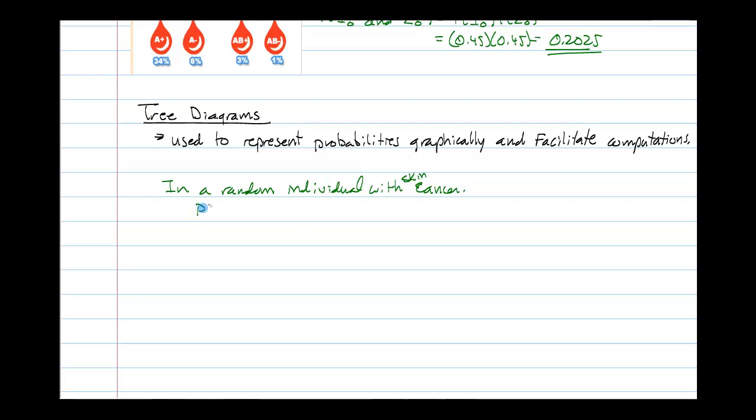So the probability that the skin cancer is on their head is 0.15. The probability that the skin cancer is on the trunk of their body is 0.41. And the probability that it's on their limbs is 0.44.